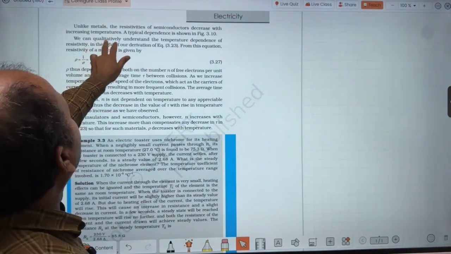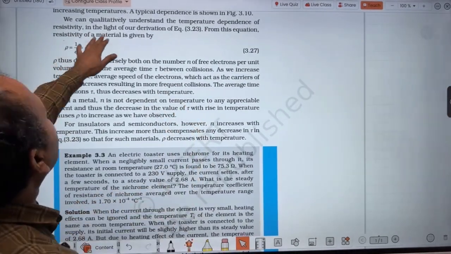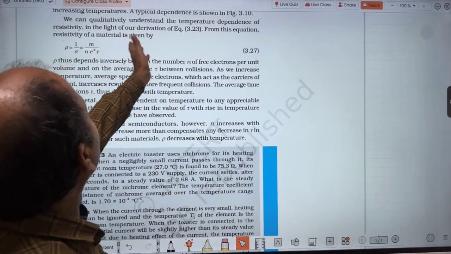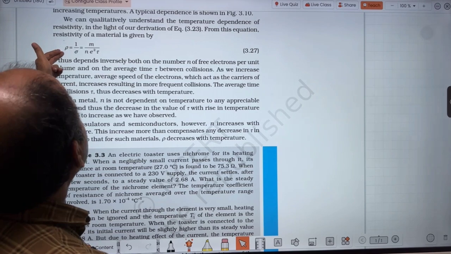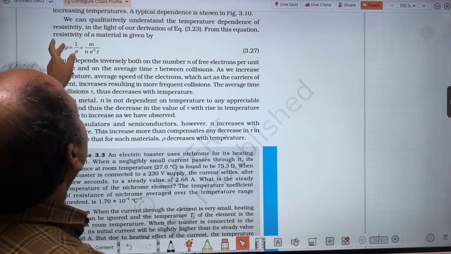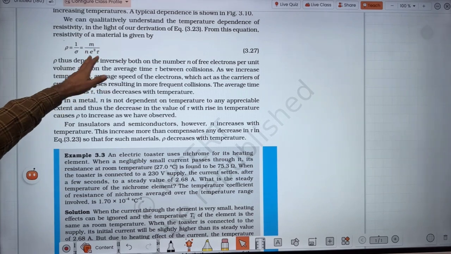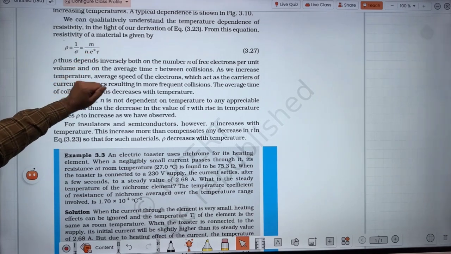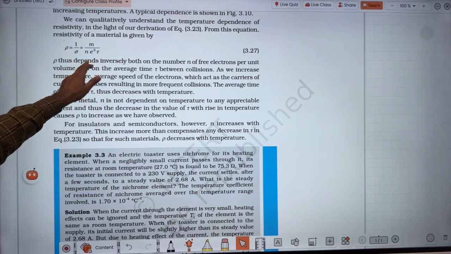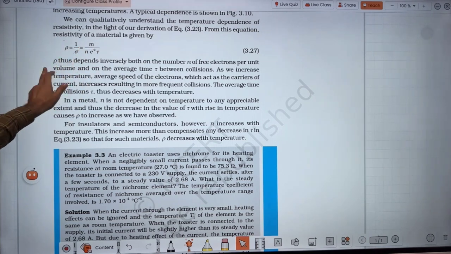Here some important relations are given. We can qualitatively understand the temperature dependence of resistivity in the light of our derivation. We have resistivity rho equal to 1 upon sigma, where sigma is conductivity, so rho is m divided by N e squared tau. Tau is the time of relaxation, e is the electronic charge, N is the number density of electrons, and m is mass.